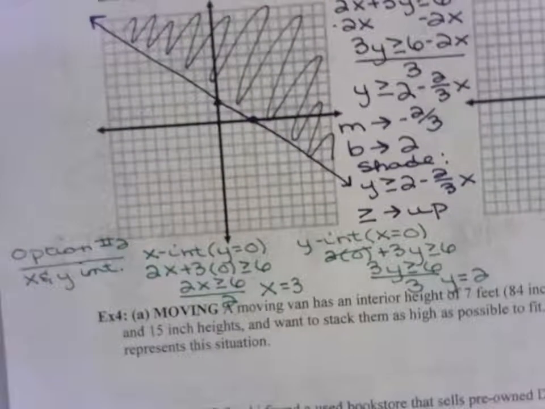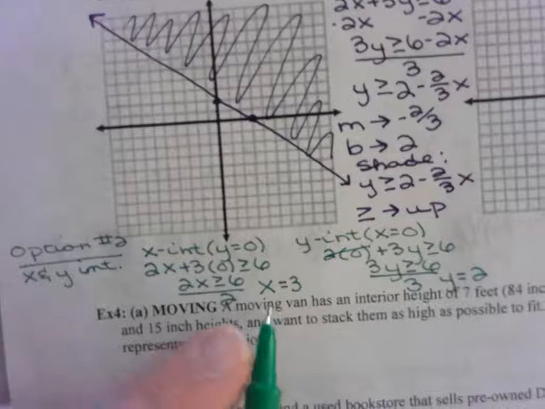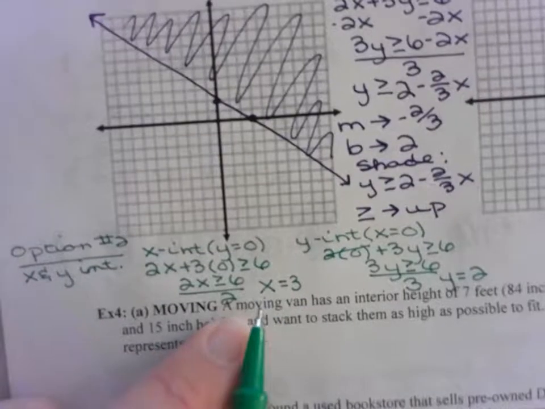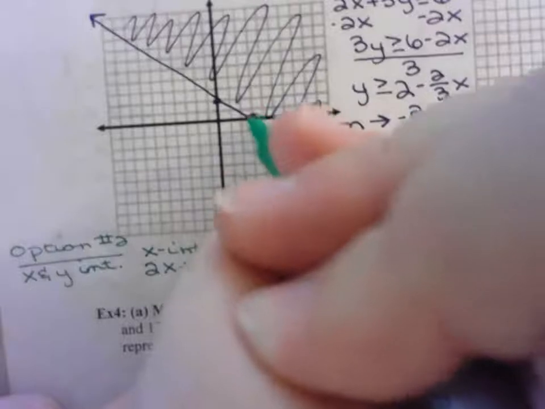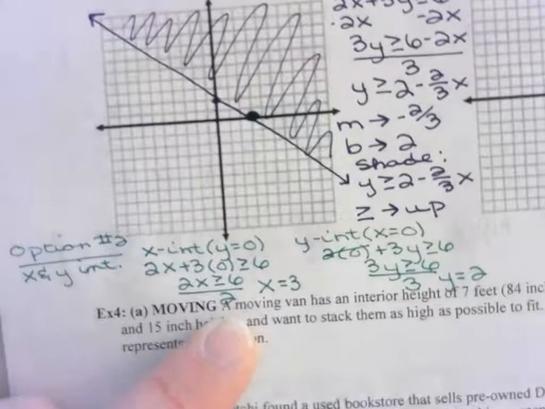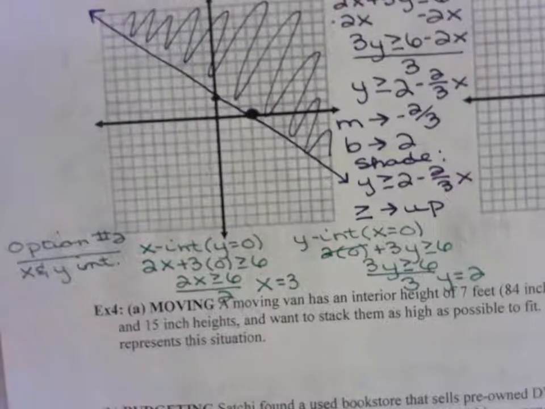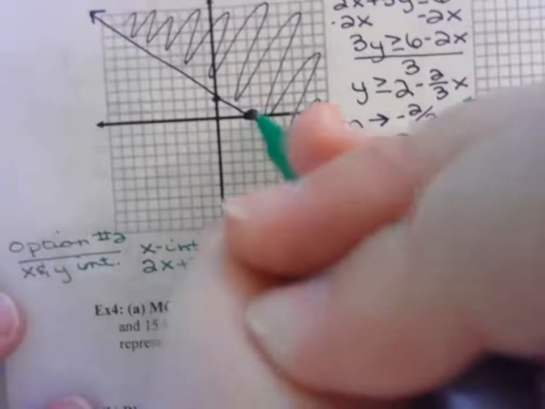Now, as I graph this, my x-intercept is 3. How do I graph an x-intercept of 3? Over 3. I go which direction 3? Right 3. It is the point on the x-axis where it crosses. So if I look at this, this is actually where it crosses.